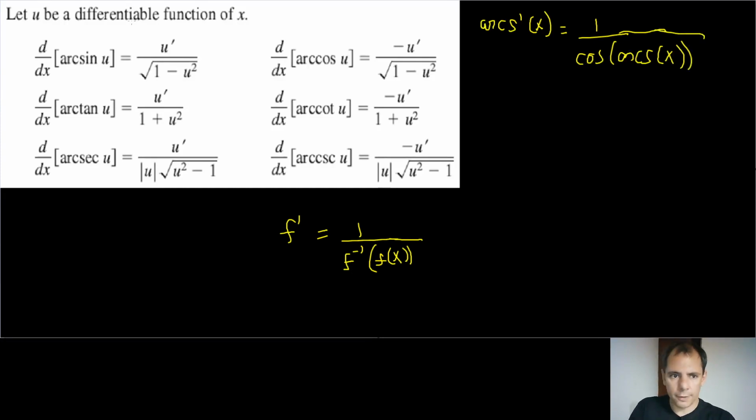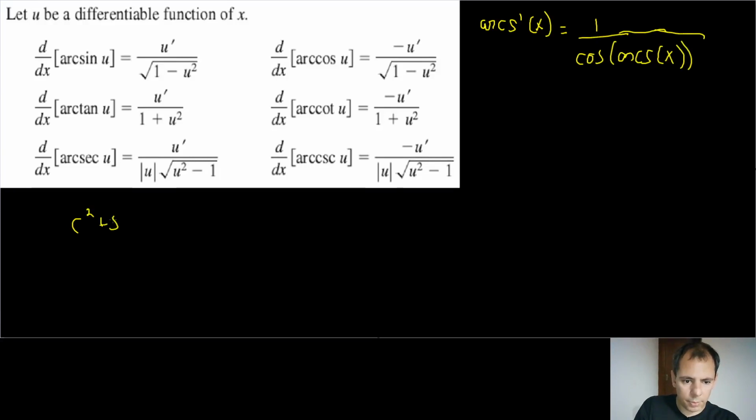All right, this is the theorem. Now you see what the cosine is. Remember that identity, the cosine squared plus the sine squared equals 1? So the cosine equals the square root of 1 minus the sine squared, right?